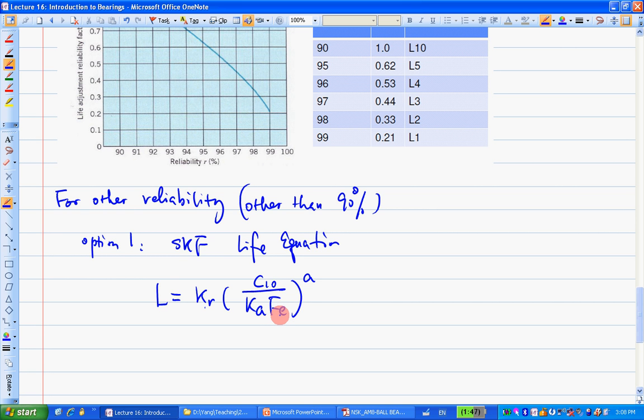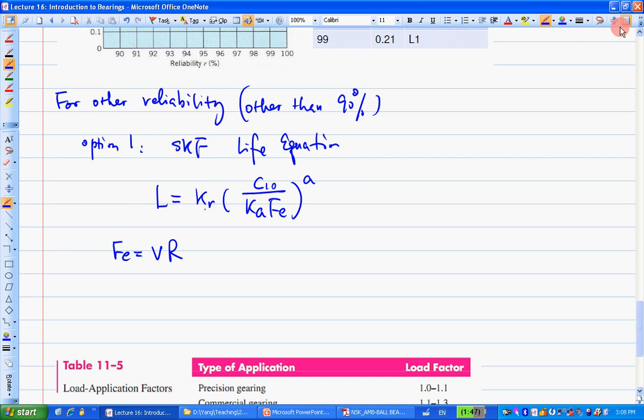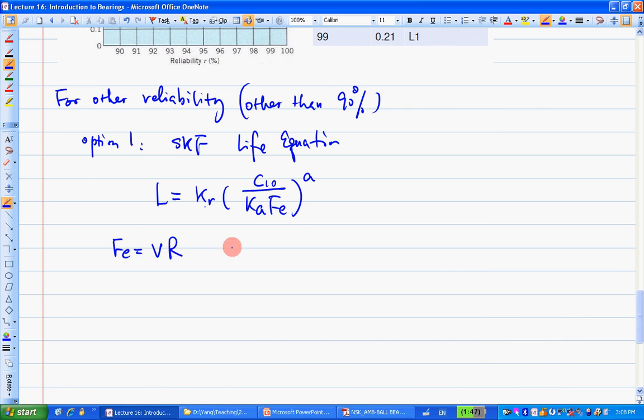The FE, I'll explain FE. FE is the so-called equivalent load. So what's FE? FE equals V times R, or just maybe V times F. V equals 1 for inner ring rotating, 1.2 for outer ring rotating.